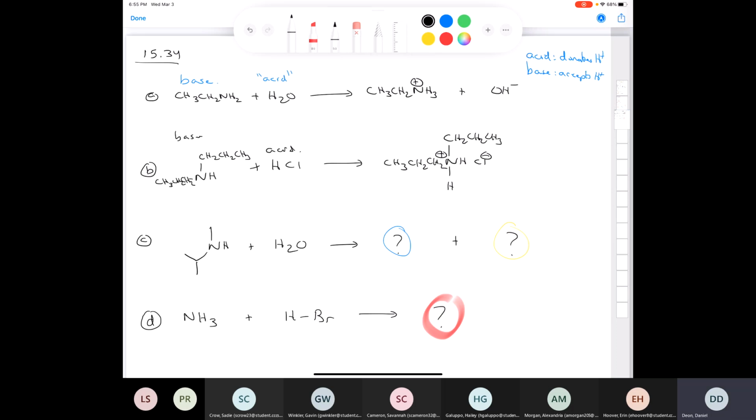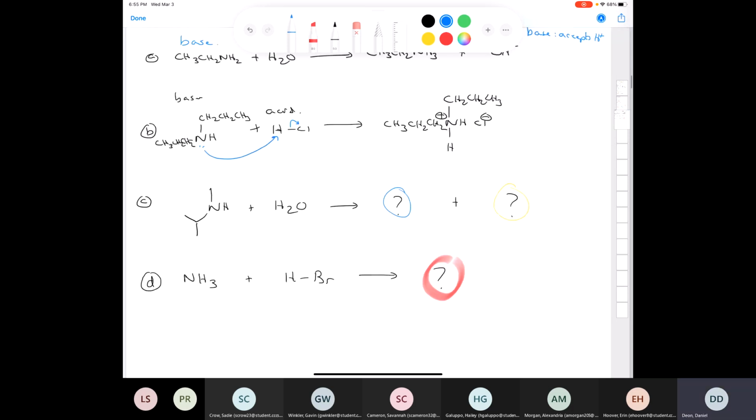So this is dipropylamine plus HCl, and we end up with the alkyl ammonium salt. Why? Because we draw HCl like this, and the lone pair on the nitrogen is going to form a bond with the hydrogen, and the pair of electrons here are going to go onto the chlorine to make a chloride.